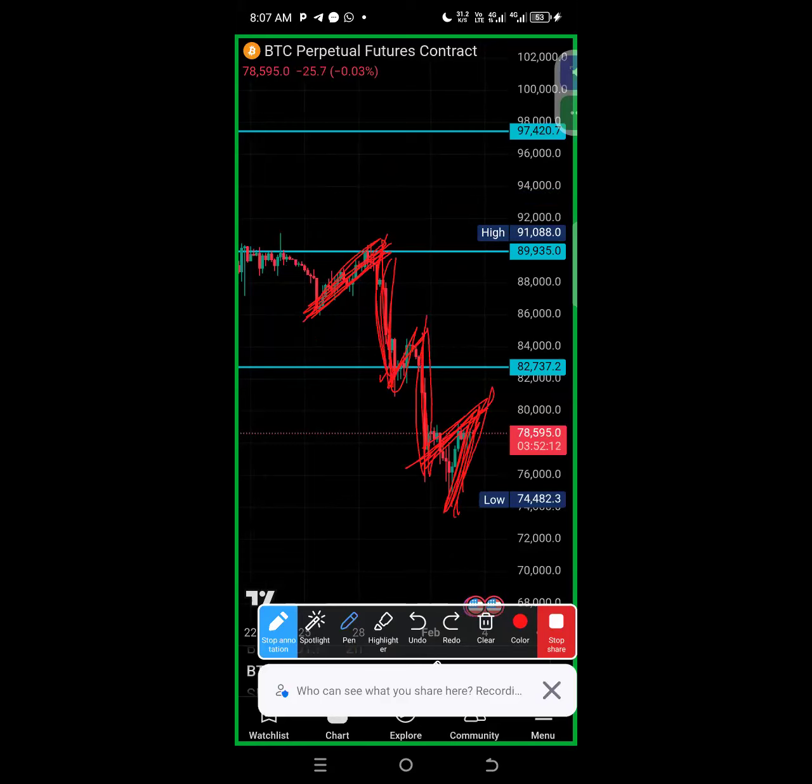So it keeps forming a lower low, lower high, lower low, lower high, lower low, lower high, like that. So anytime you see a consistent direction, at least two or three. Please, do you get it? If God permit, tomorrow we shall look at it in detail. So don't worry.